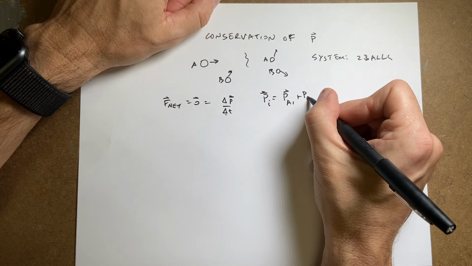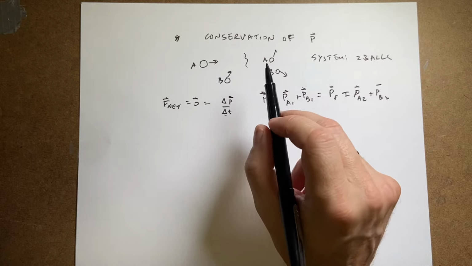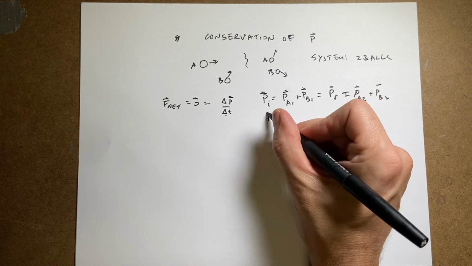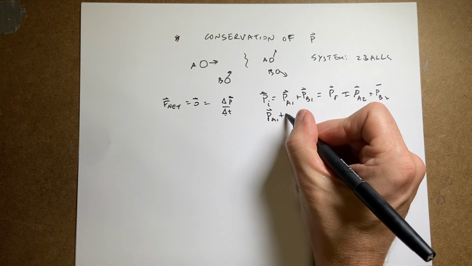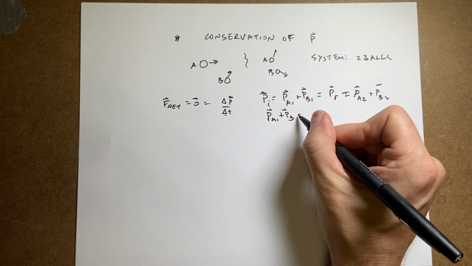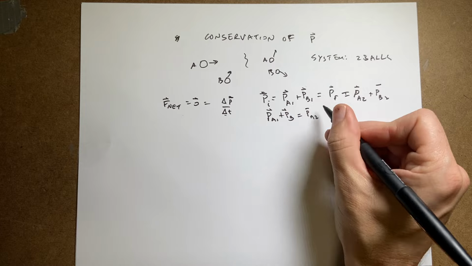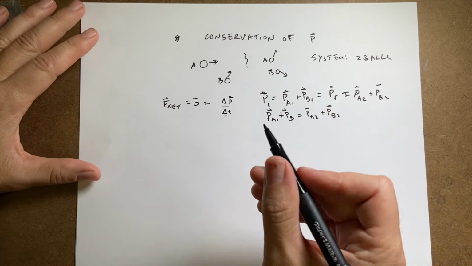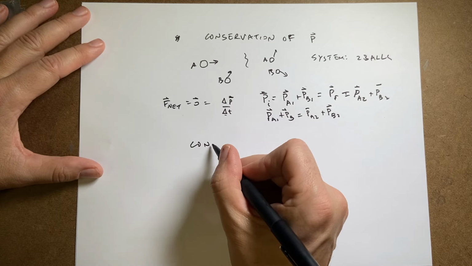This is conservation of momentum. It's true if there's no external forces. The momentum before the thing happens is the momentum after the thing happens. So you could get rid of these initial and final labels: p_A1 plus p_B1 equals p_A2 plus p_B2. Conservation of momentum.